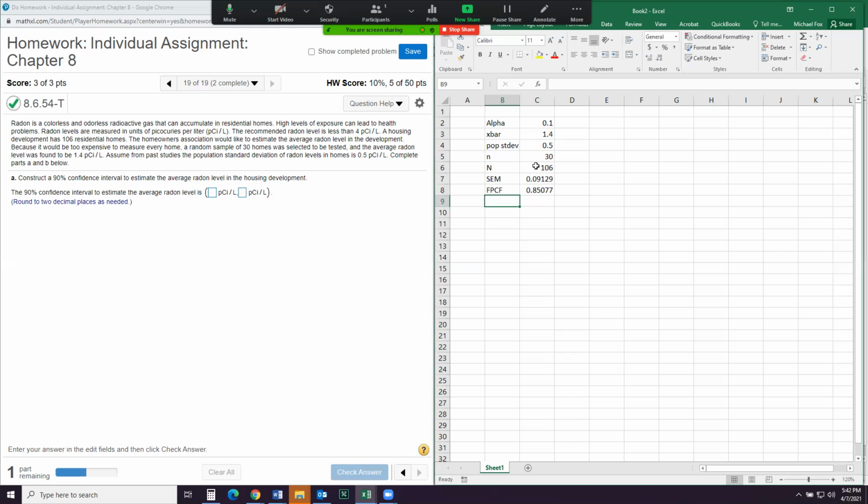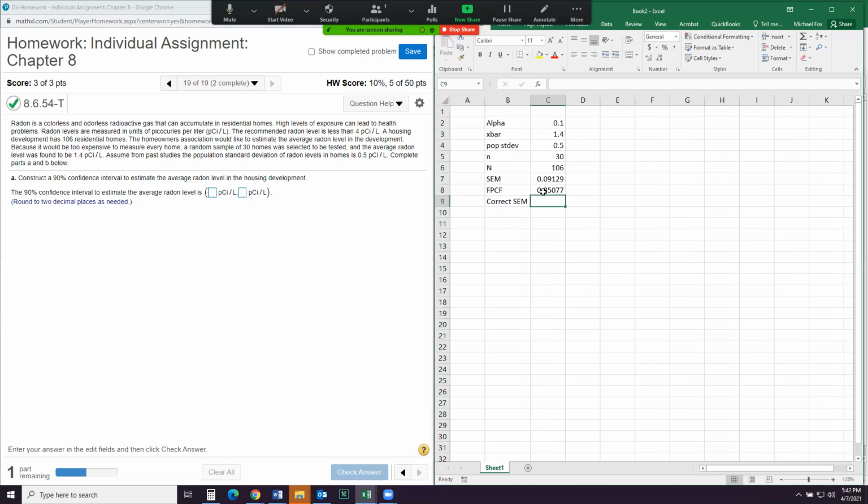So there's my finite population correction factor. I'm going to call this my corrected standard error of the mean, which is just my standard error of the mean times the finite population correction factor.